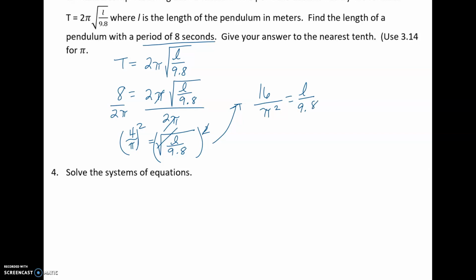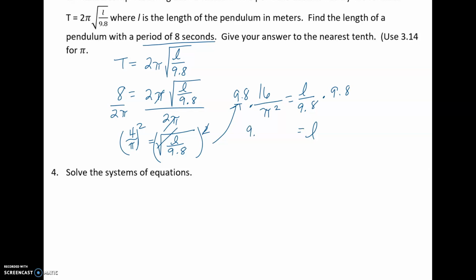Okay? And so find the length. So it's wanting us to find the length. So to find the length of this, we can first multiply by 9 8/10 to both sides. Okay, and at this point, you're going to be using your calculator.